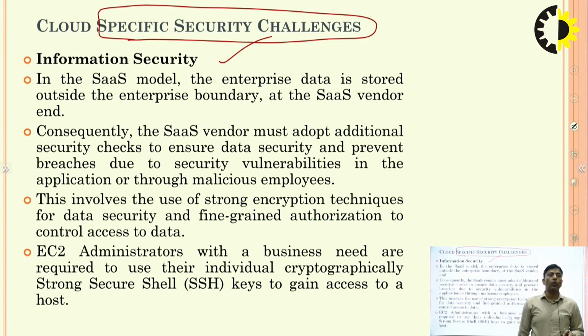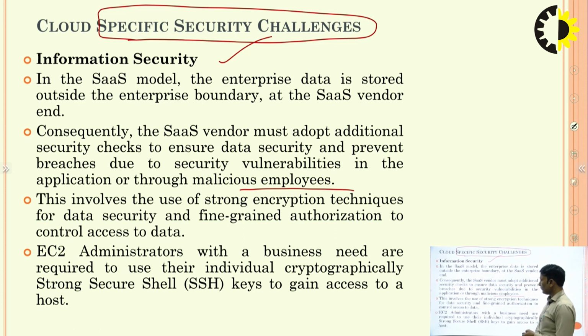Okay, that means you have no control over that data. You have no control over the security concerns of the data. Consequently, the SaaS vendor must adopt additional security checks to ensure data security and prevent breaches due to security vulnerabilities in the applications or through malicious employees.